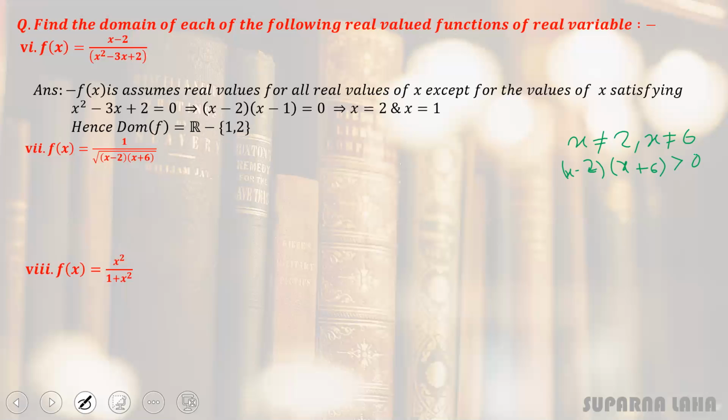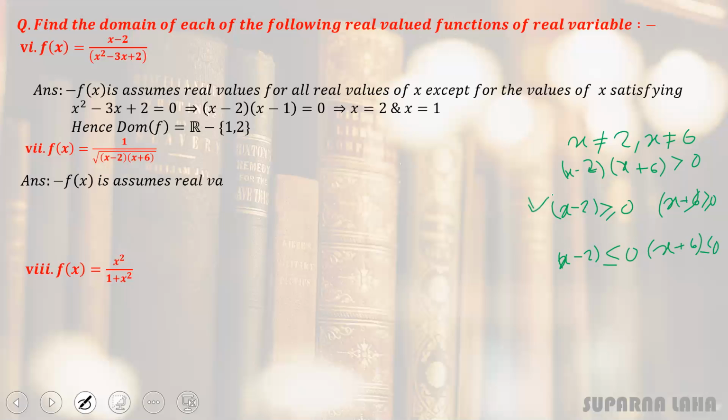So again, two conditions will arise. Either x - 2 ≥ 0 and x + 6 ≥ 0, or x - 2 ≤ 0 and x + 6 ≤ 0. Clear? Now, if we simplify these two conditions, we will find the range for x.